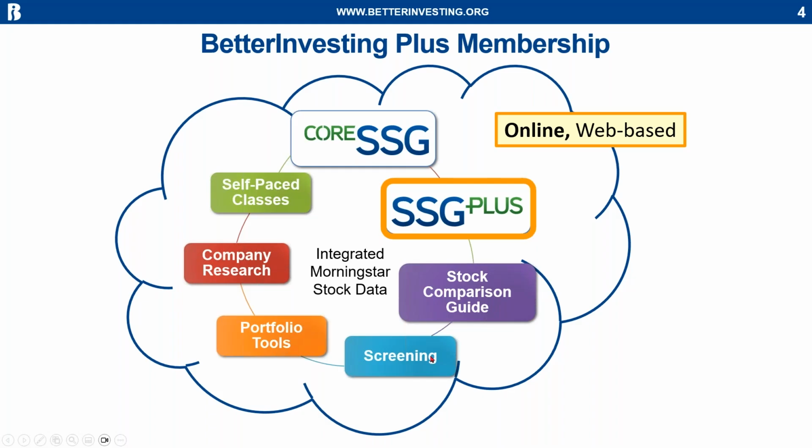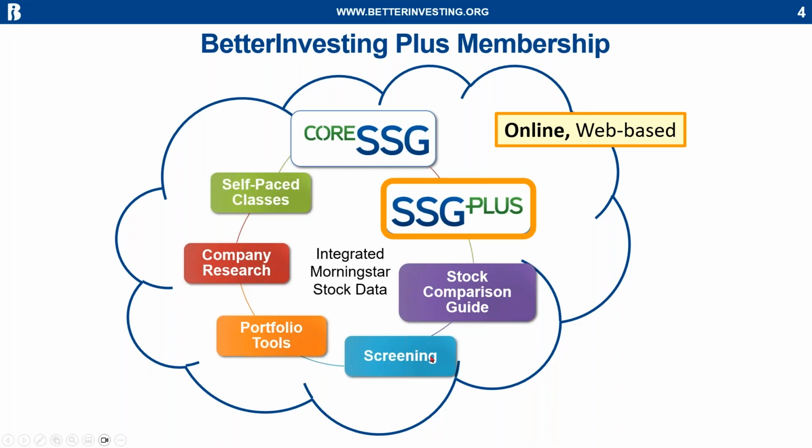The third major portion of the tool suite is the stock comparison guide, and then fourth and fifth are the screening and stock ideas tool and the portfolio management tools. All stock tools automatically integrate with Morningstar stock data. There is no extra fee or downloading to use the data in the tools.